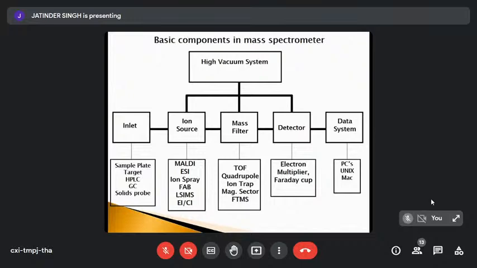Depending on the ion source, different types of mass spectrometry have been developed. Then the ions are produced, they enter into the mass filter and are carried to the detector and then to the data system. In the data system, evaluation is done using suitable software.